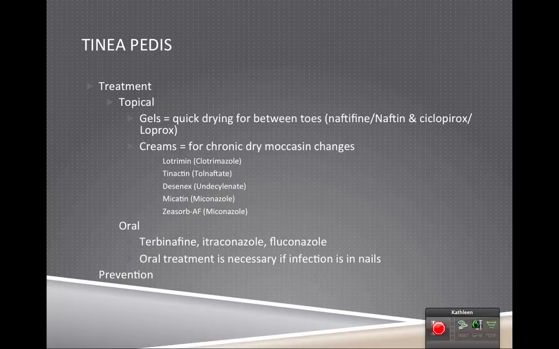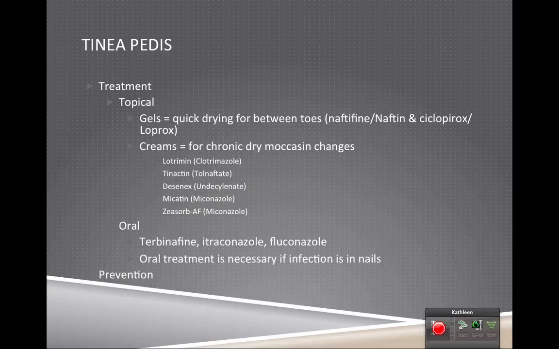There are 2 different types of creams that you can use. Oral, you can use Lamisil, itraconazole, or fluconazole. Oral treatment is necessary if the infection is in the nails. If in toenails, you cannot get rid of it without orals.